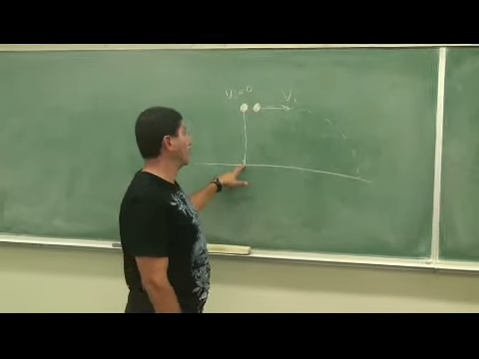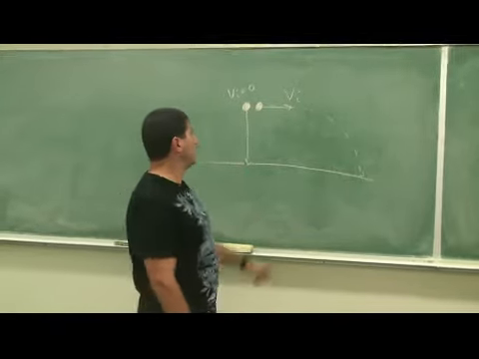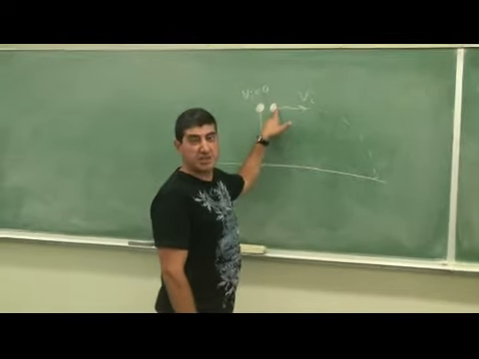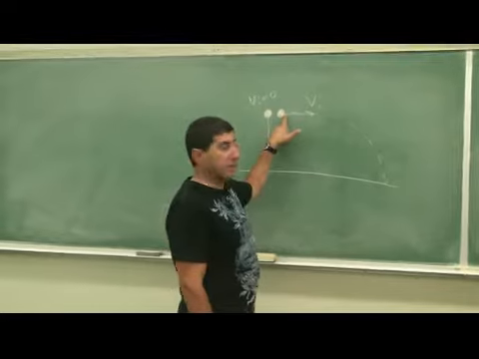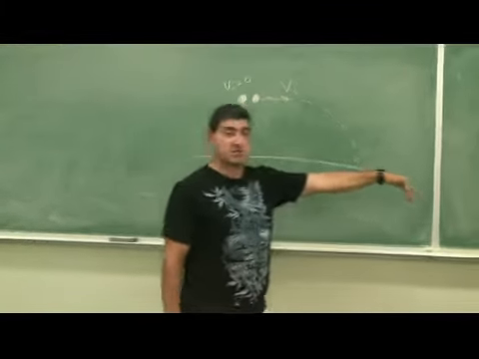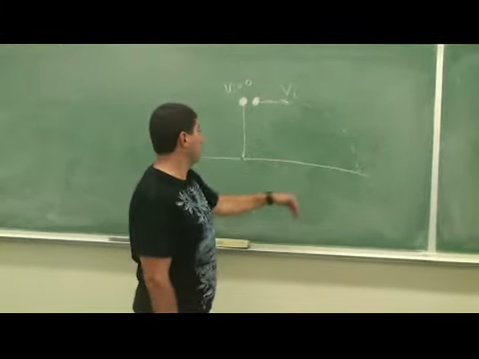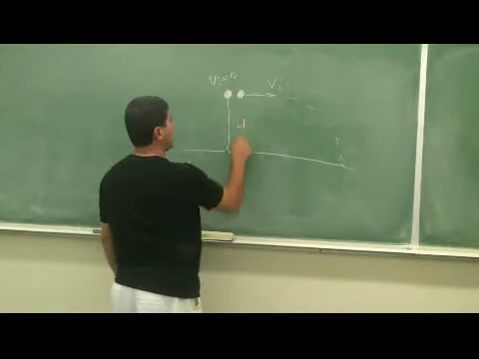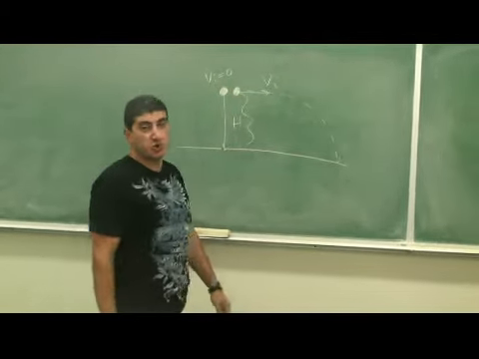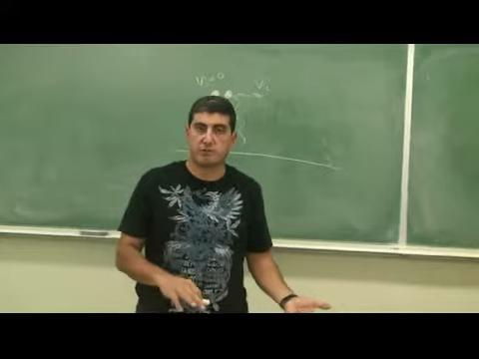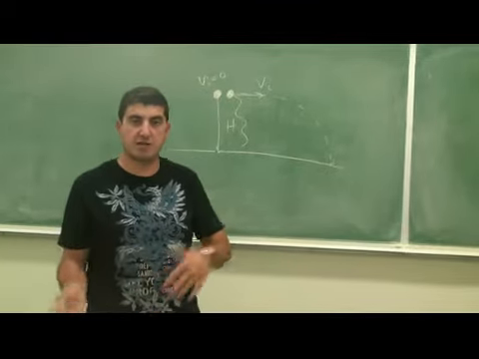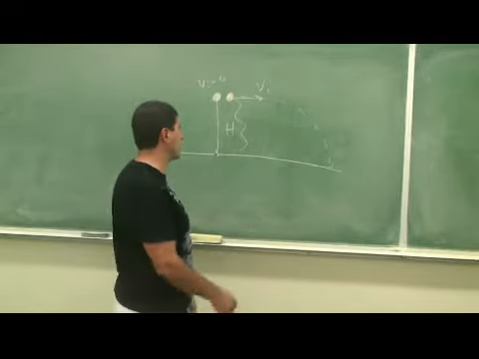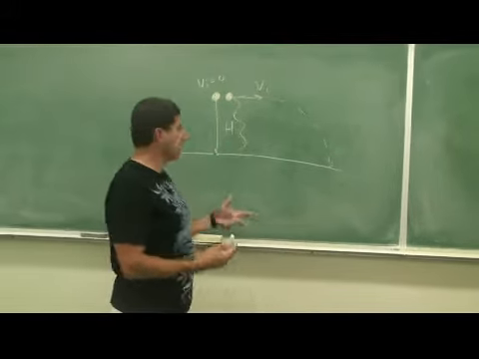Or some students might say, well, it depends how fast this one is shot. Maybe if it's a bullet, it goes very fast. Or maybe some students say it depends on the height. If it's a short height, one of them will hit the ground first. If it's a big height, the other one will hit the ground first. So we get a variety of answers.